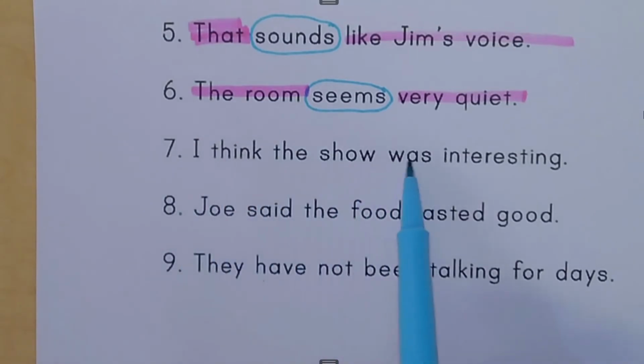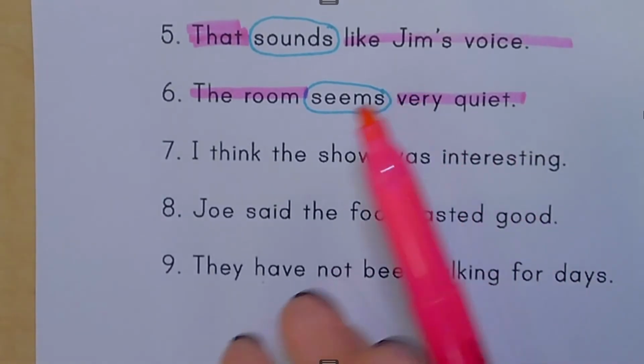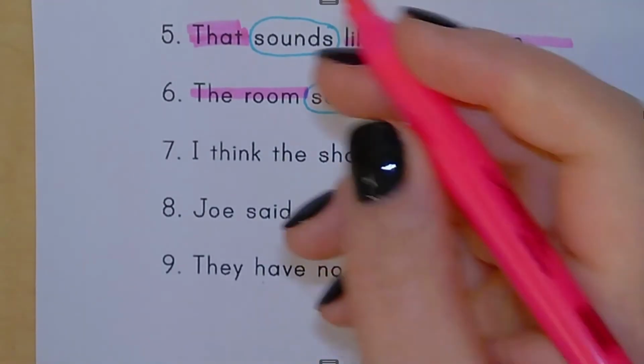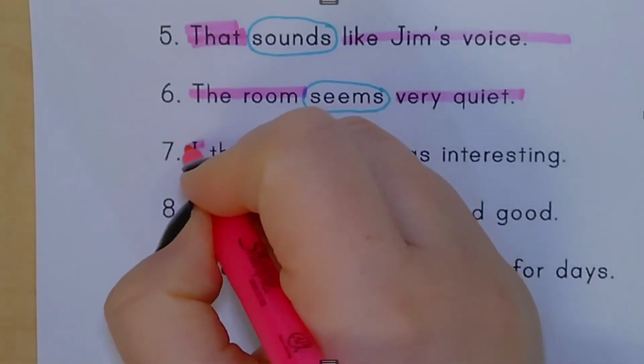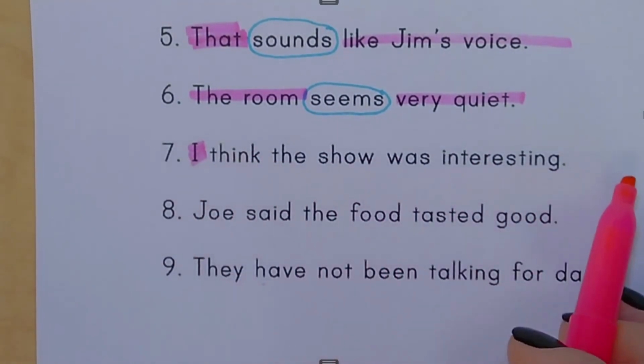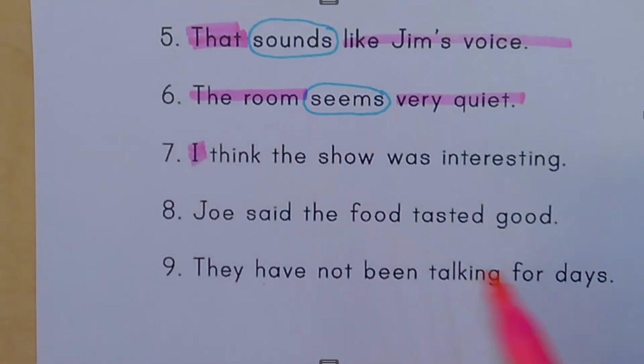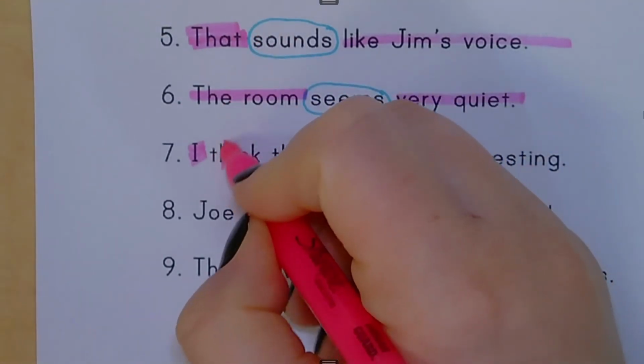I think the show was interesting. What's the subject of your sentence? I. We have I think the show was interesting. I think. Think is not a linking verb. Think is something that you can do. Think is an action verb here. So this is an action verb.